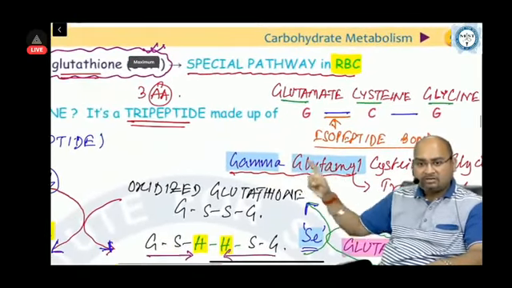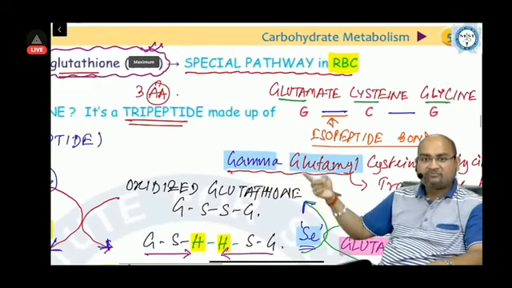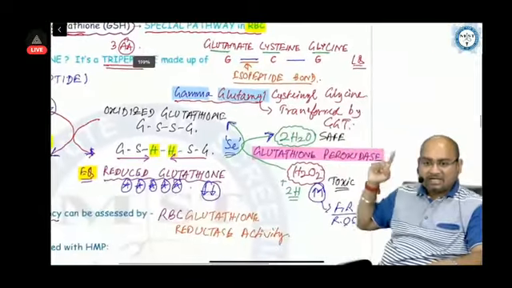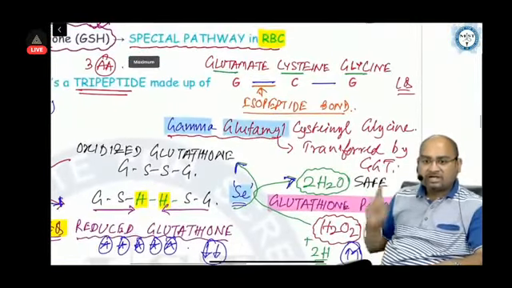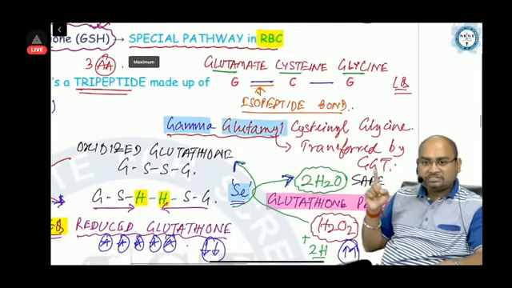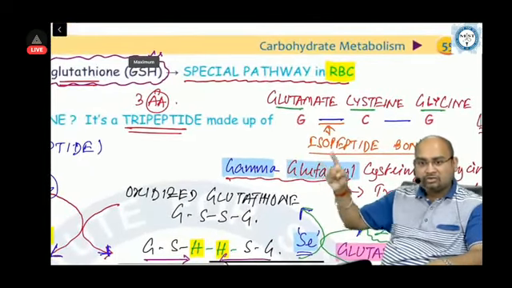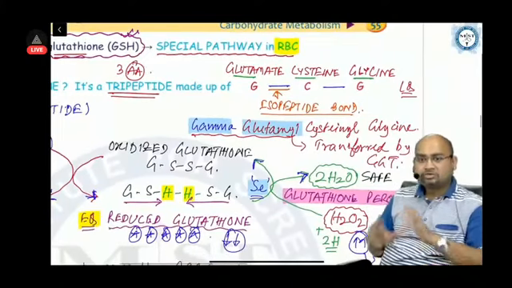Only this gamma glutamyl part we have studied, which is transferred from glutathione to any other substrate by the GGT enzyme. GGT full form is gamma glutamyl transferase. The gamma glutamyl group is transferred by this enzyme, and it comes from the glutathione compound, gamma glutamyl cysteine glycine.